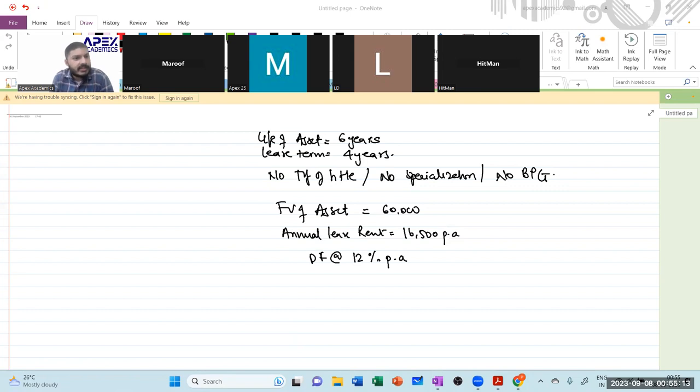Calculate and tell me. You have 2 minutes. Is this a finance lease or is this an operating lease? Operating. Have you calculated this? Yes. Okay, tell me, what is the present value of future lease payments? What is the answer?